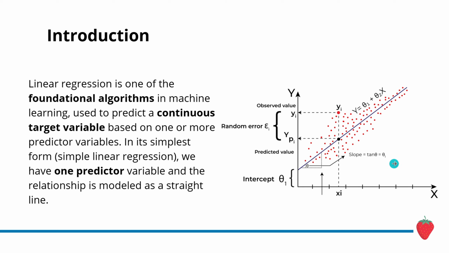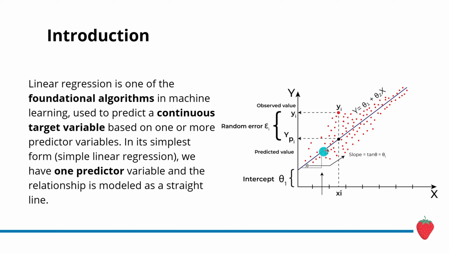As you can see here, there is a bunch of dots. Each dot represents a single data point from our data set, and each one has its xi and yi on the x and y axis, and via them we can create this slope.